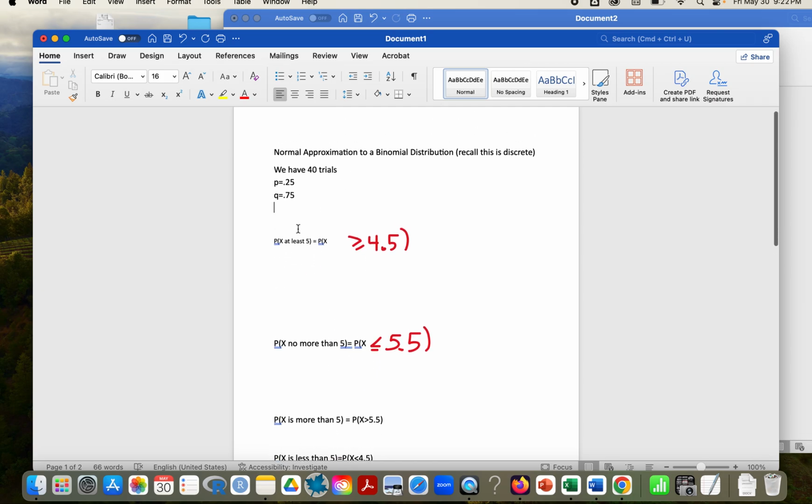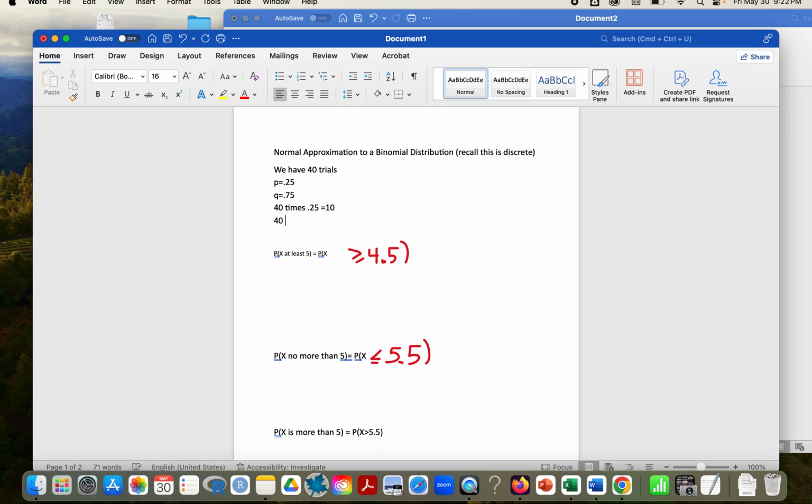First thing we need to do is NP and NQ and make sure they're both larger than or equal to 10. So 40 times 0.25 is going to be equal to 10. So that one meets and passes the criteria. 40 times 0.75 will be equal to 30. So again, bigger than or equal to 10. And so both of these have been met.